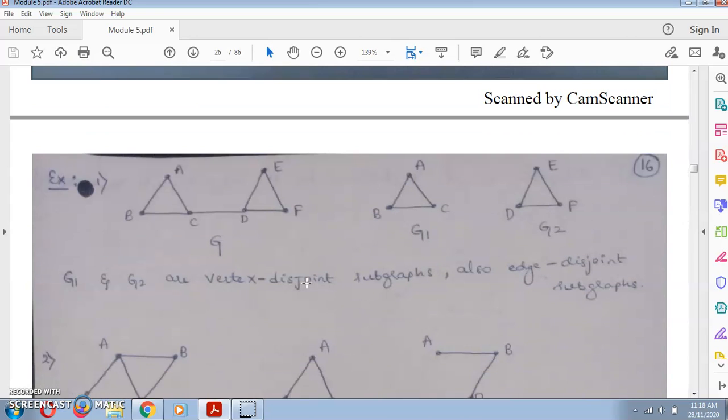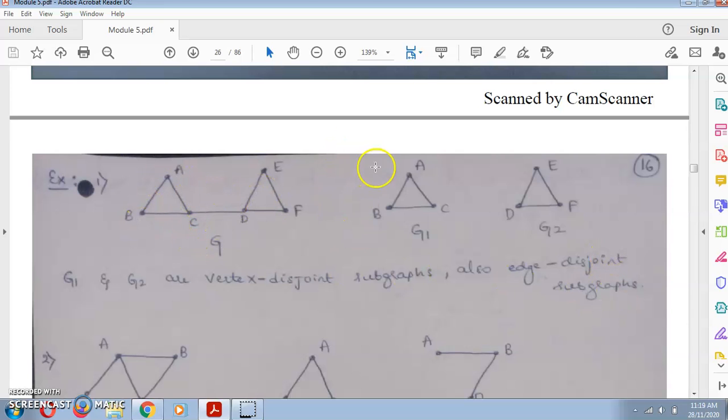Here are some examples. G is equal to A B C and E F G, and here are G1 and G2. G1 and G2 are vertex disjoint subgraphs, and also edge disjoint subgraphs.